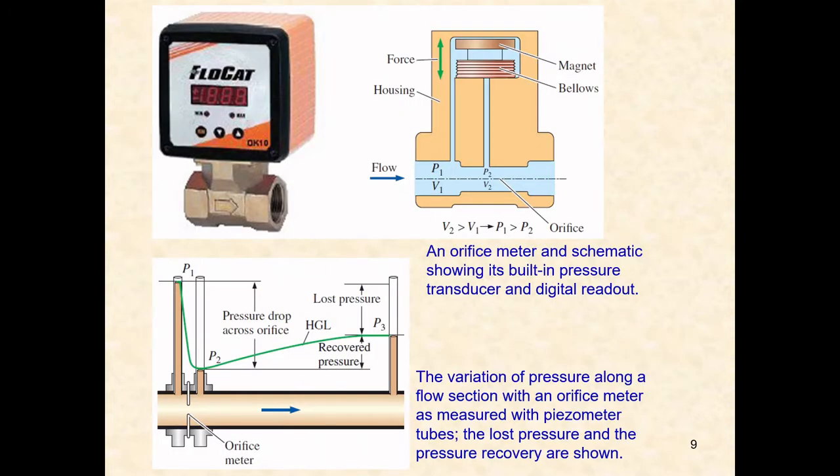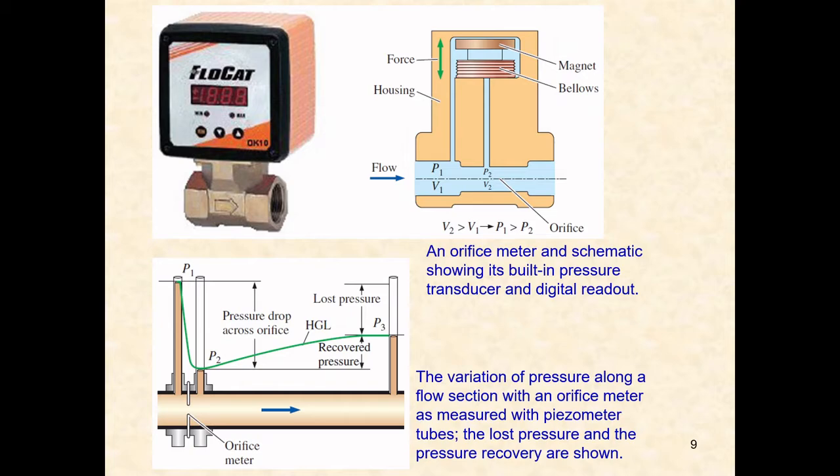The figure here shows an orifice meter and a schematic showing its built-in pressure transducer and a digital readout. Basically, when you have a larger flow diameter moving to a smaller diameter, you have a change of pressure as well as velocity, and this is picked up by the pressure transducer, because we allow the fluid to flow into a confined area where we place the transducer.